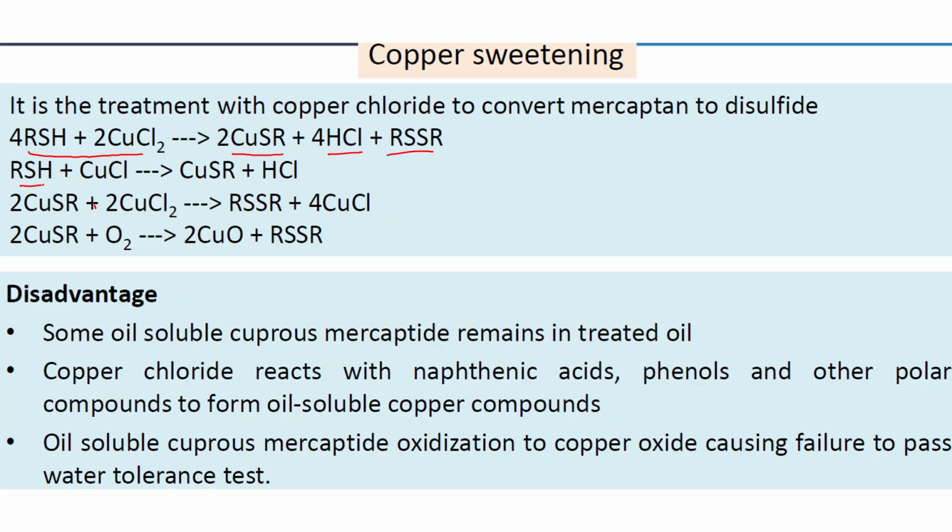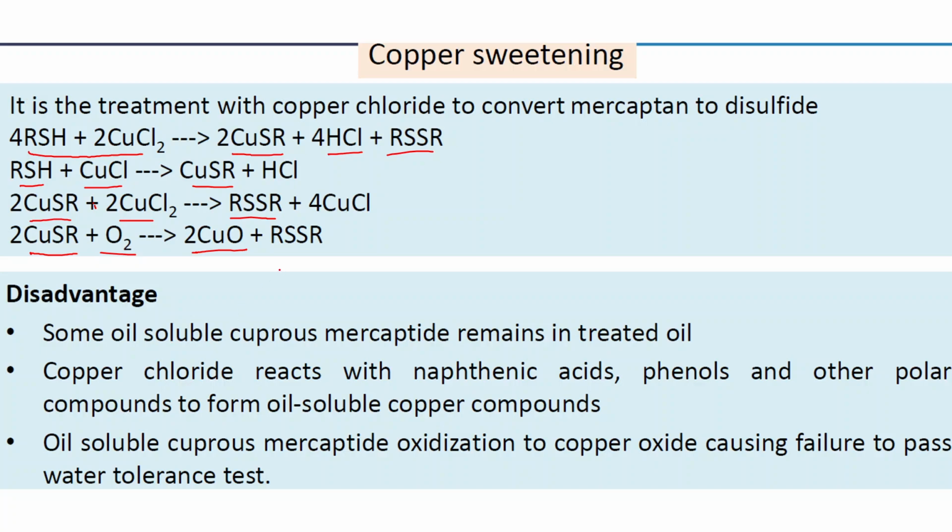Then further, mercaptan is reacted with CuCl to give sulfide. And then this copper sulfide is further reacted with cupric chloride to give disulfide. And this copper sulfide on oxidation leads to the formation of copper oxide as well.